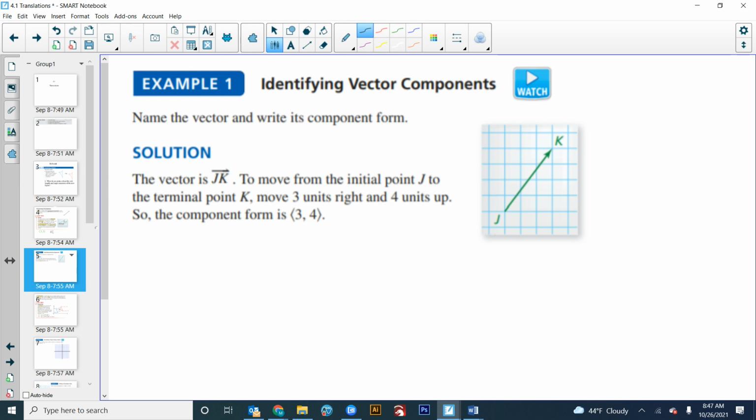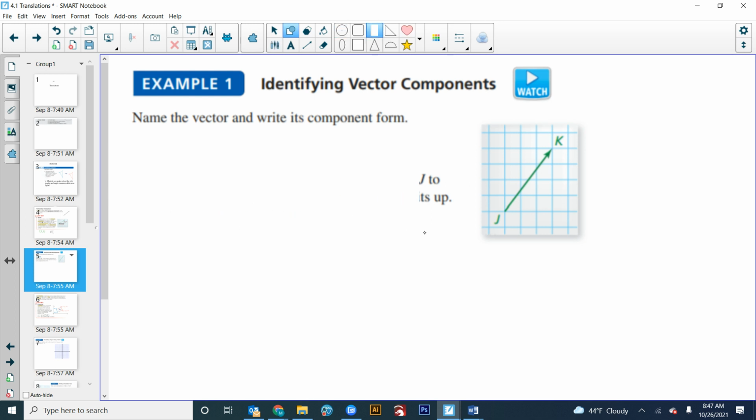All right. Oh, I didn't cover it up. And you can't see it. There we go. Name the vector. Let's go with Kate. What do you think? Vector. You serious? What? You said JK?